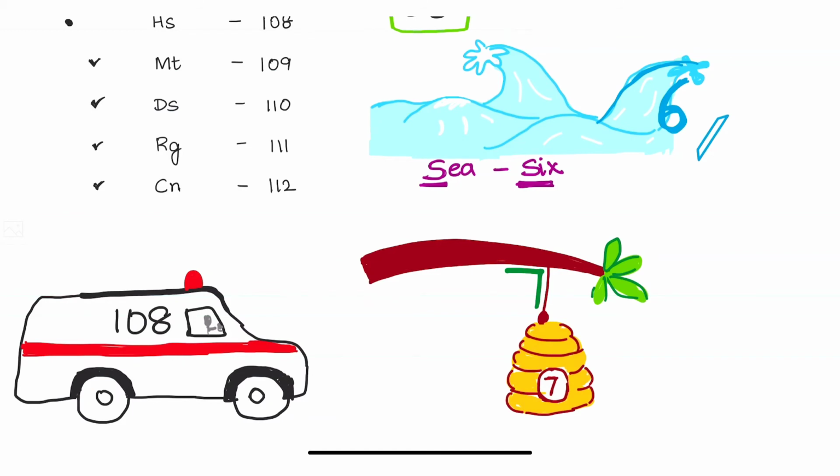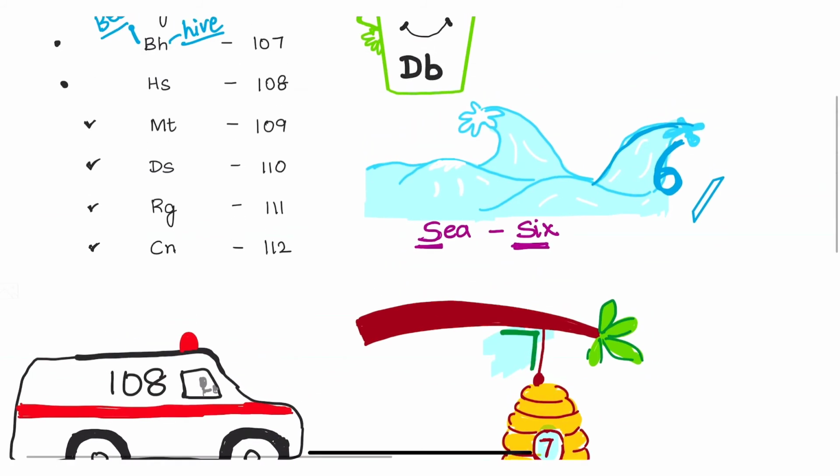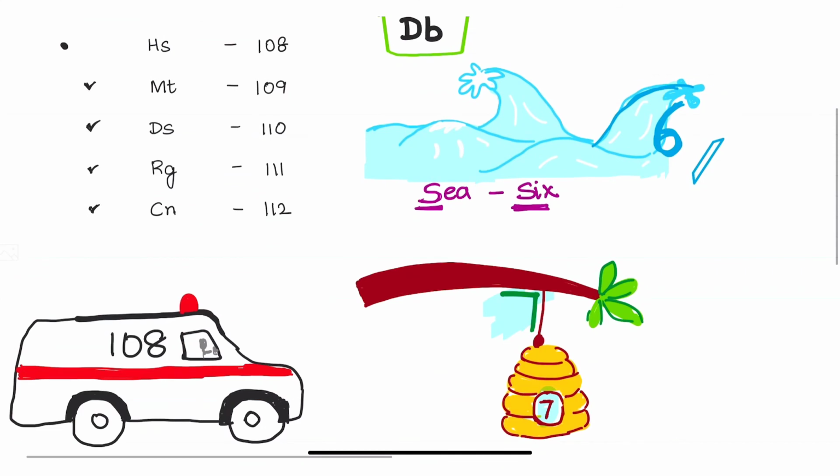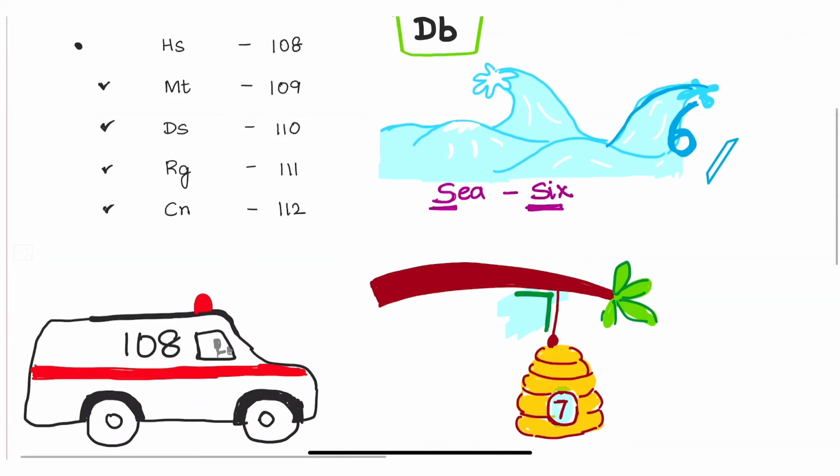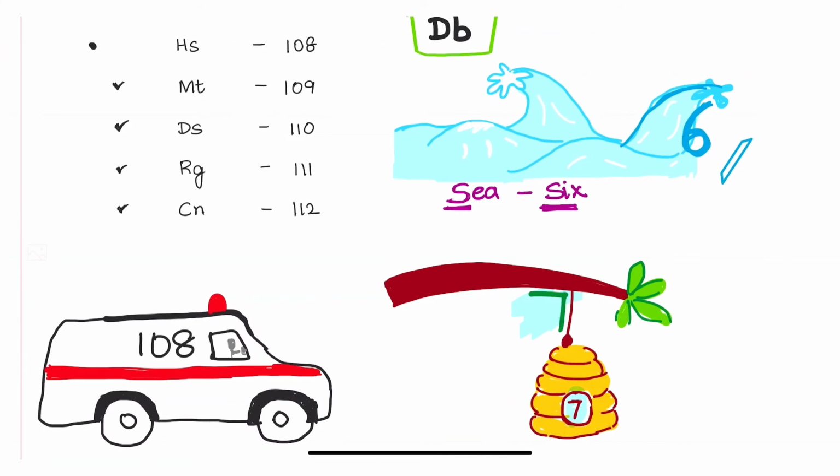You have got the number 7 over here. So yes, you can remember that way. For Bohrium it is 107. Beehive, in this picture this number 7 is depicted. So beehive, Bohrium 107.